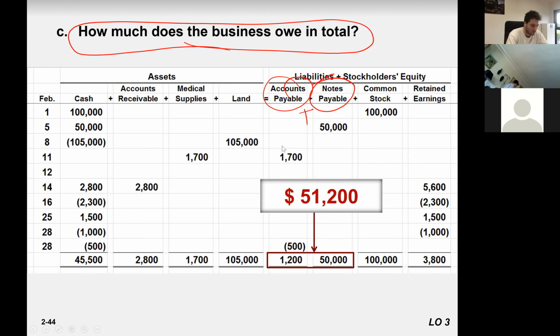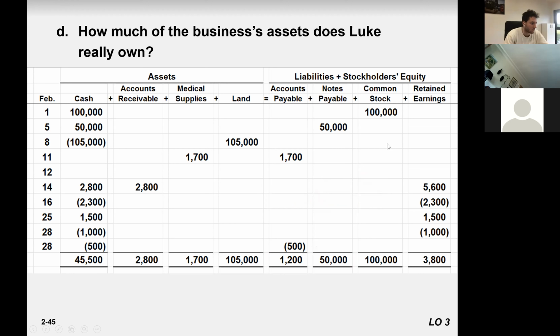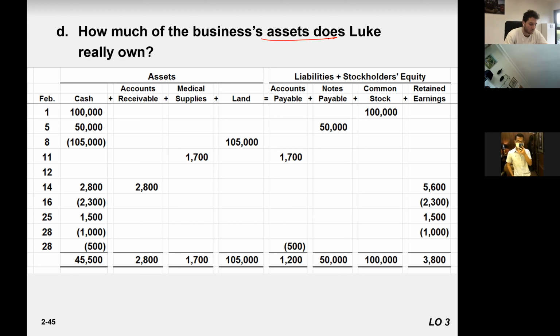Total liabilities. So total liabilities are accounts payable and notes payable. How much does the business owe in total, which means outsider claims, total liabilities. And the last one is how much of the business does Luke really own, which means how much of the business the owner owns, which means insider claim, which means total shareholder equity.